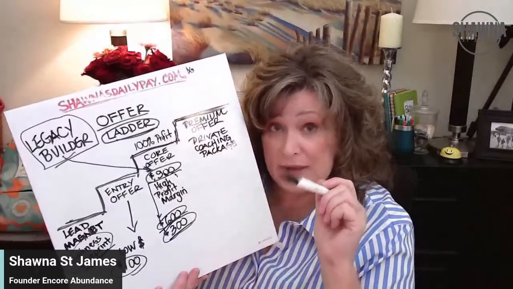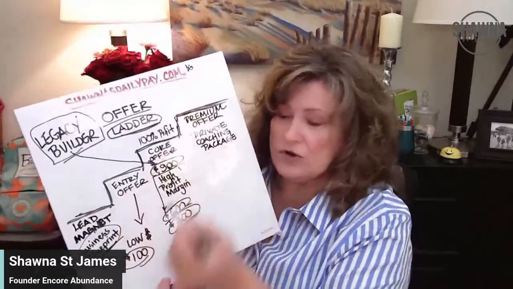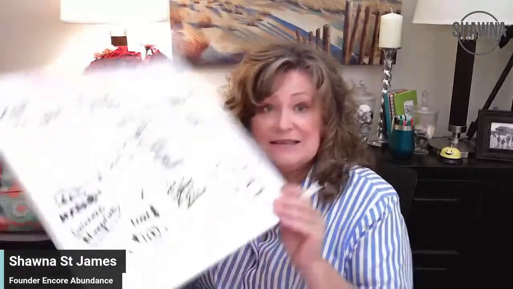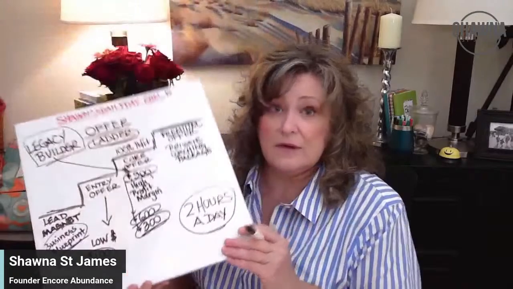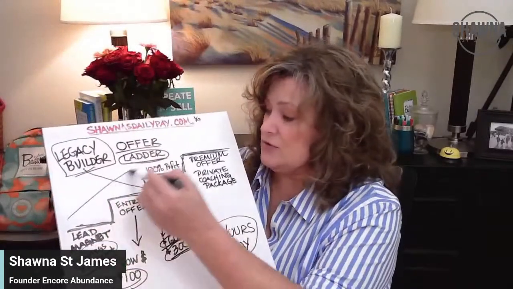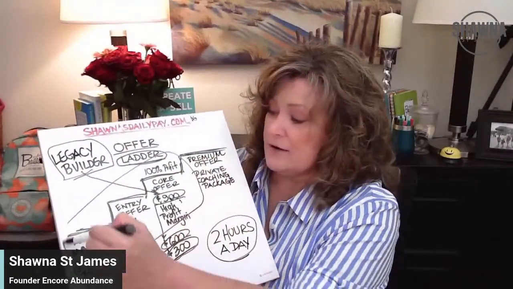Now, here's the big kicker here. When you're looking at this and you're like, oh my gosh, Shauna, how am I going to do this? The way they teach you is to get your business tasks done in 2 hours a day. In 2 hours a day, you can do this whole system right here.